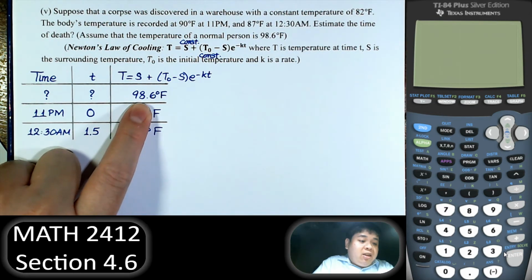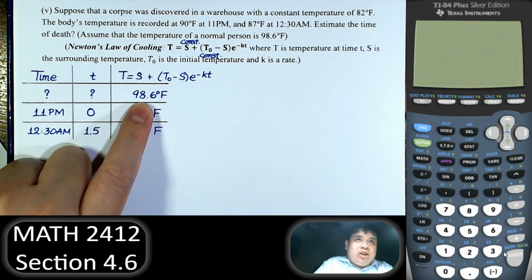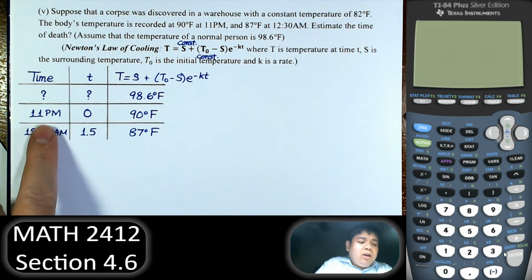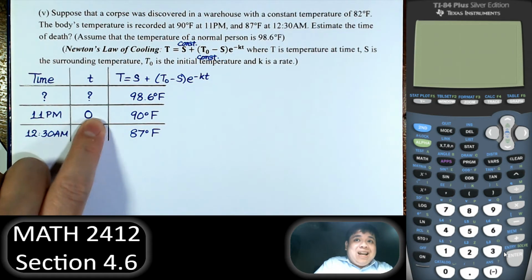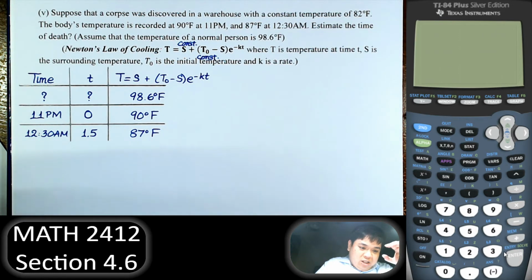The time of death, we don't know, but the temperature is 98.6 degrees Fahrenheit. 11 p.m., let that be 0. The time at that point is 0.